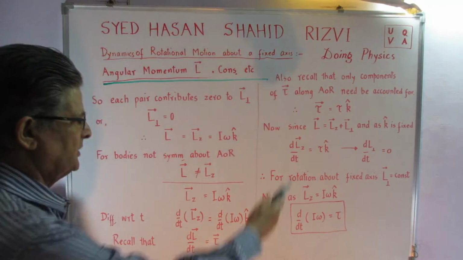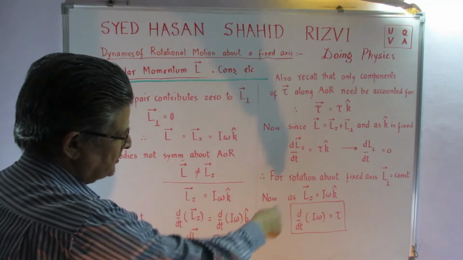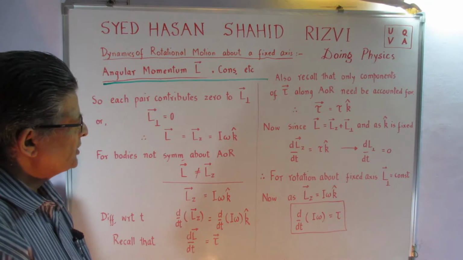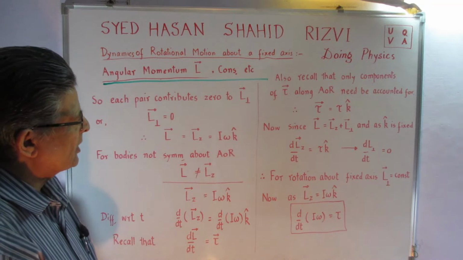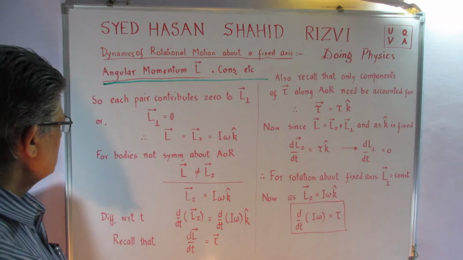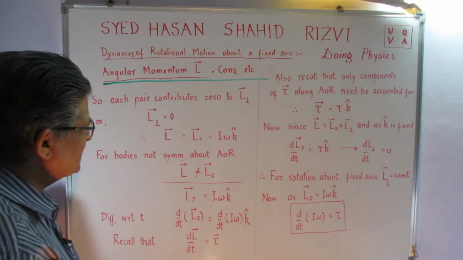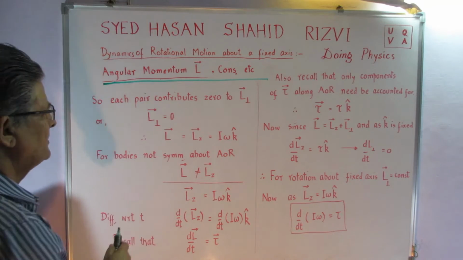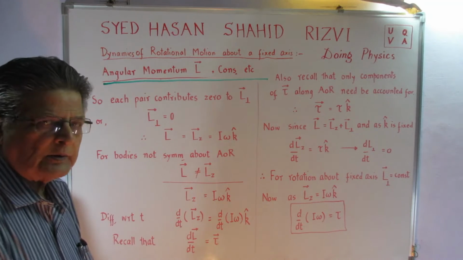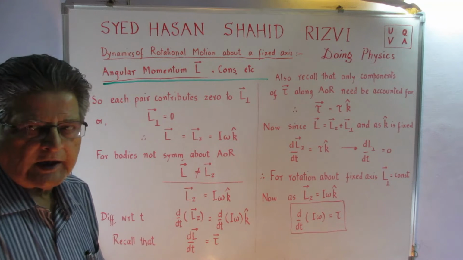So we had seen that for diametrically opposite pairs of particles moving in the circle, their contribution to the perpendicular component of the angular momentum is equal to 0. So I can write in that equation that the perpendicular component is equal to 0, which leaves us with the total angular momentum equal to the angular momentum along the z-axis, which is I omega into k cap.